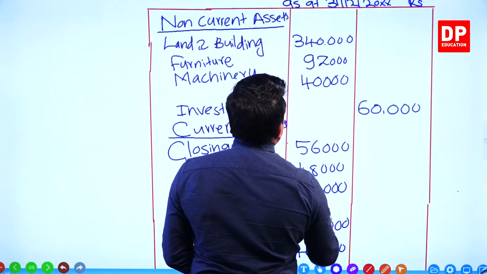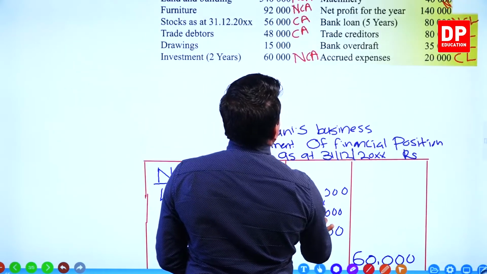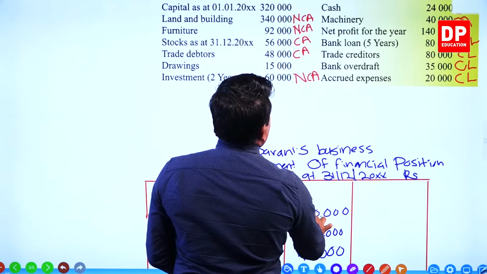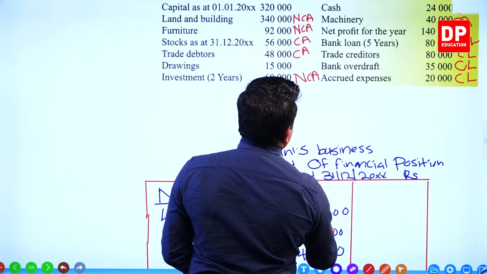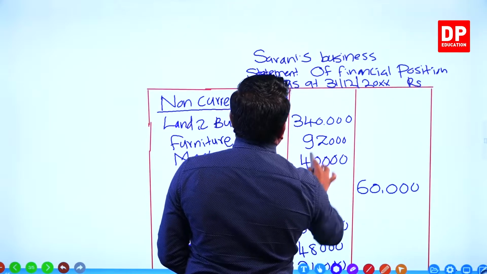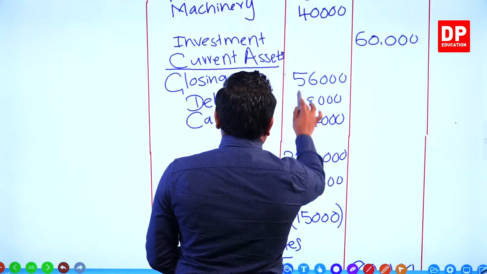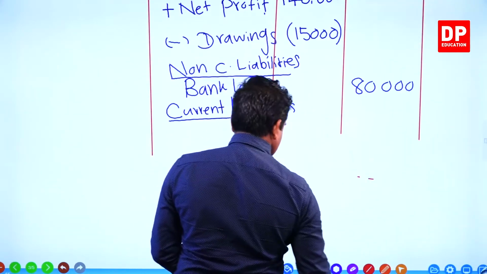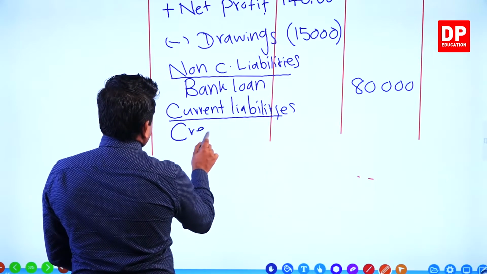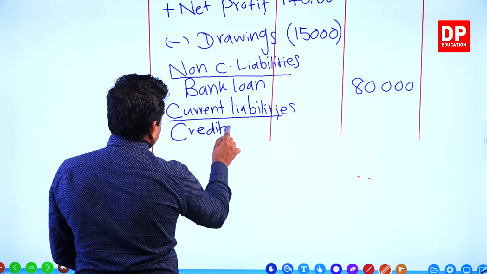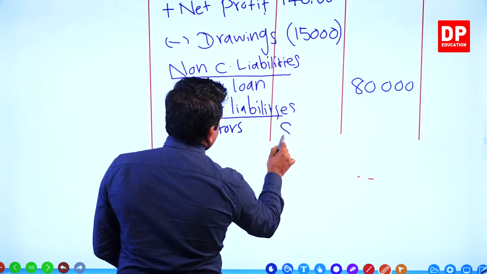Now next, creditors 80, bank overdraft 35. Creditors 80,000.